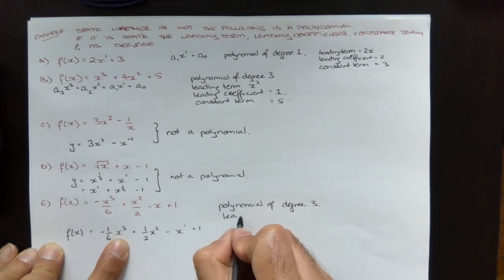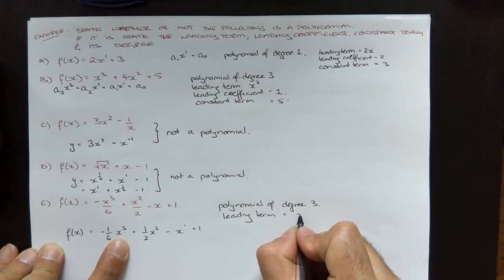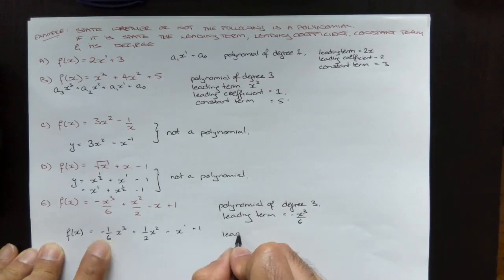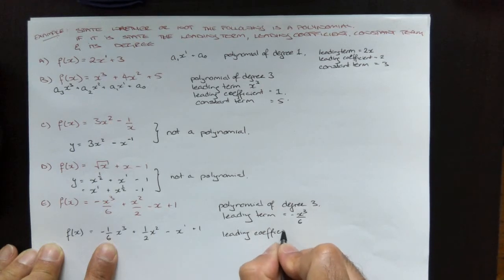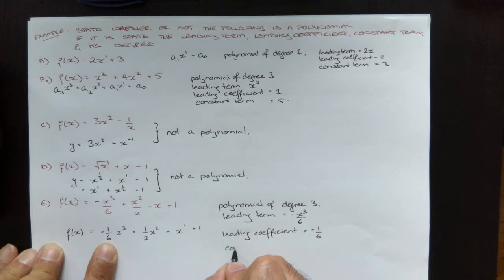The leading term is negative x cubed over 6. The leading coefficient is negative 1/6, and the constant term is 1.